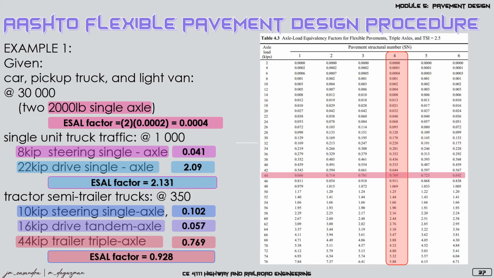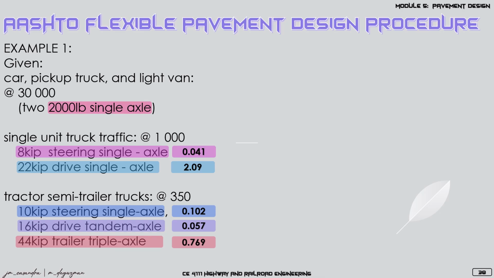Okay? Once we have the total equivalent single axle factor for all the different types of vehicle traffic for our design, next is to compute the equivalent daily W18. So we have 0.004 times the total traffic of 30,000. Then for the single unit truck, that will be 2.131 times the traffic, which is 1,000.